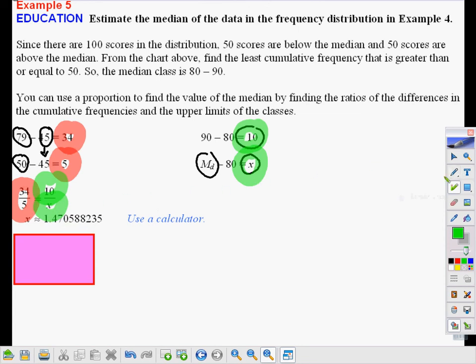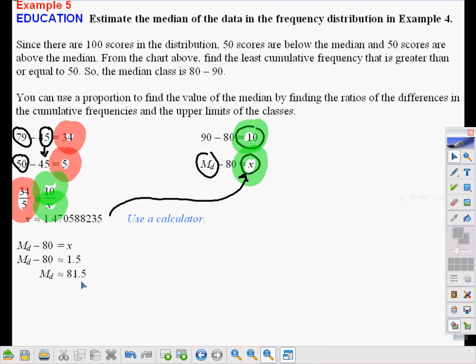So this difference from the bottom of the class limit, from the median to 80, the difference there is 1.47. So now plugging this x value back in, I can actually find what that median value is. And we get that median value to come out to be approximately 81.5.